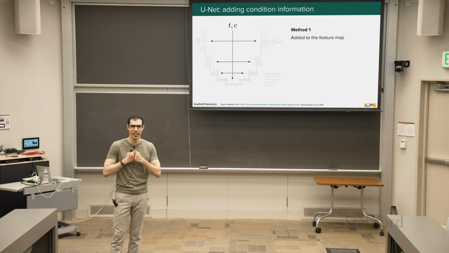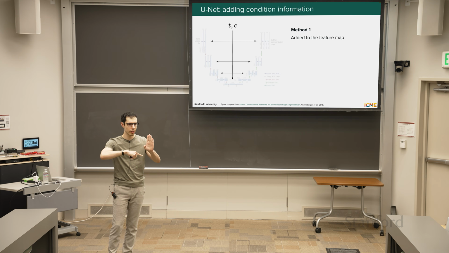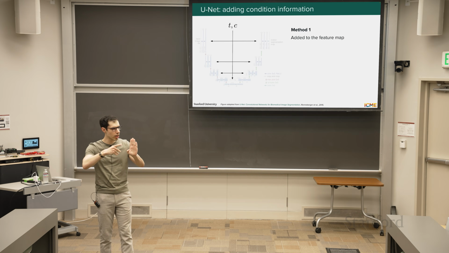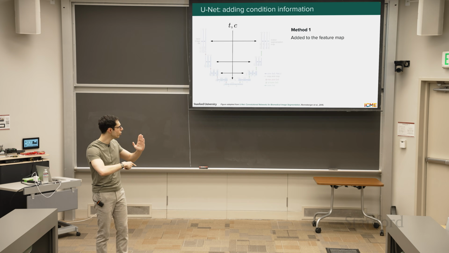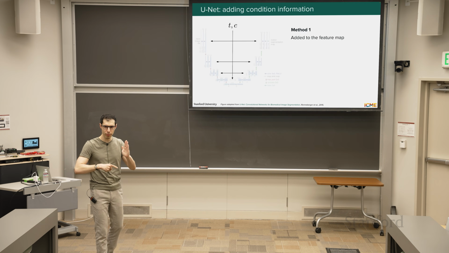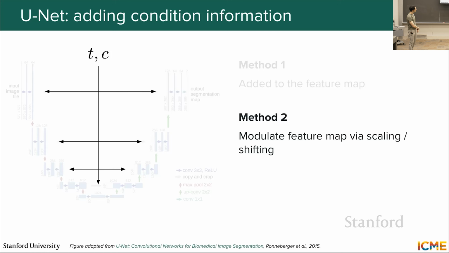So here, what I mean is you take your vector t, you take your vector c, let's say you add them, and then you make sure that the dimension of your vector is, let's say, c, the number of channels. And then you add it to your feature map, which, if you remember, is of depth c. So that can be one way.